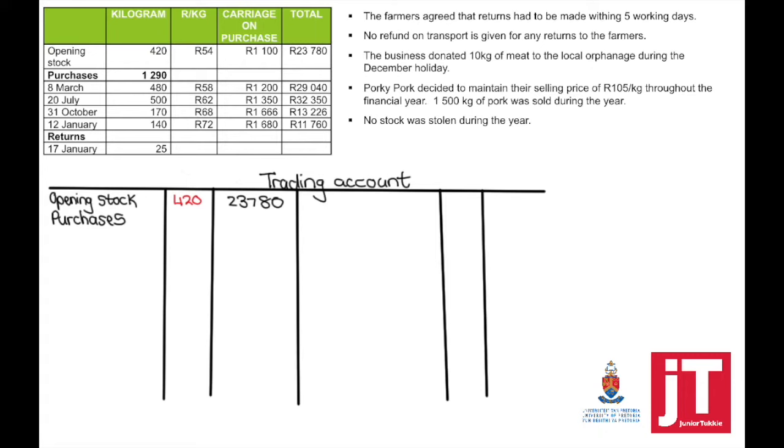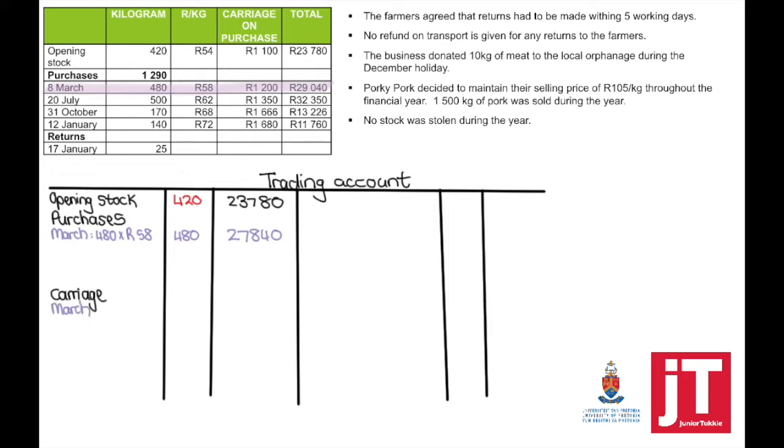So now we need to look at all our purchases. March, the total cost per unit is 58. The number of units or kilograms is 480. So 480 times 58 equals the total purchase for March.